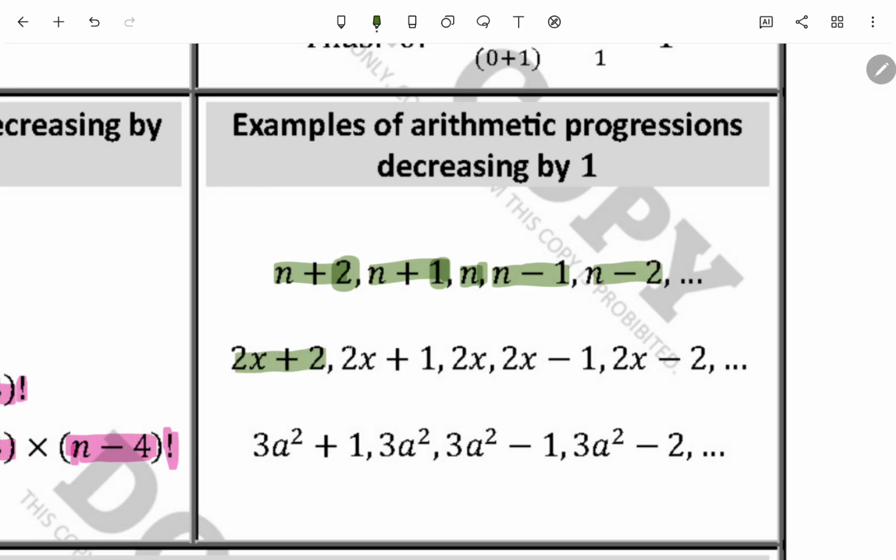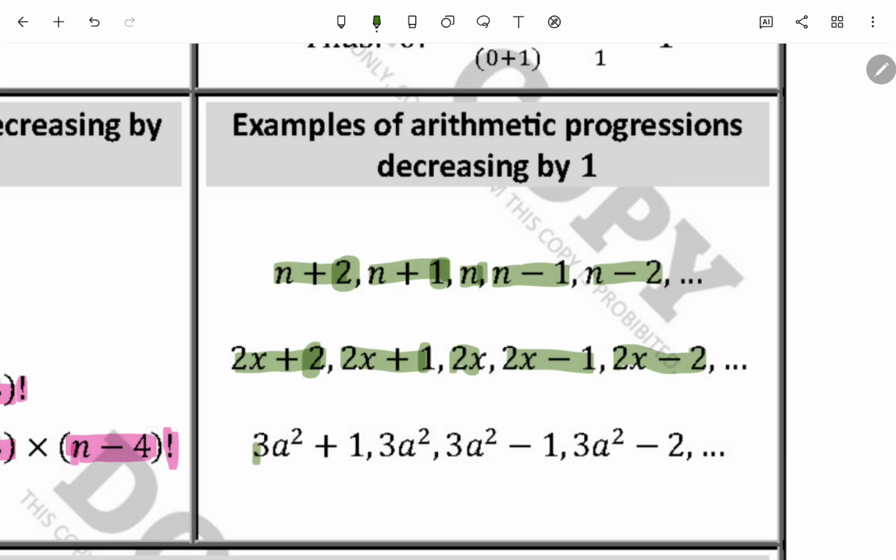Here 2x plus 2, and what is before 2? It is 1. So it will be written as 2x plus 1, and 2x alone, which is plus 0, then 2x minus 1, then 2x minus 2.